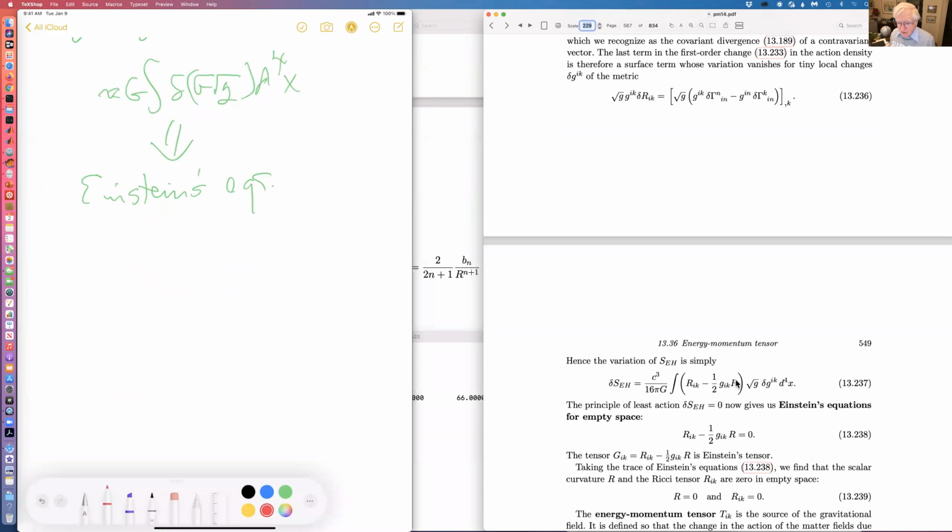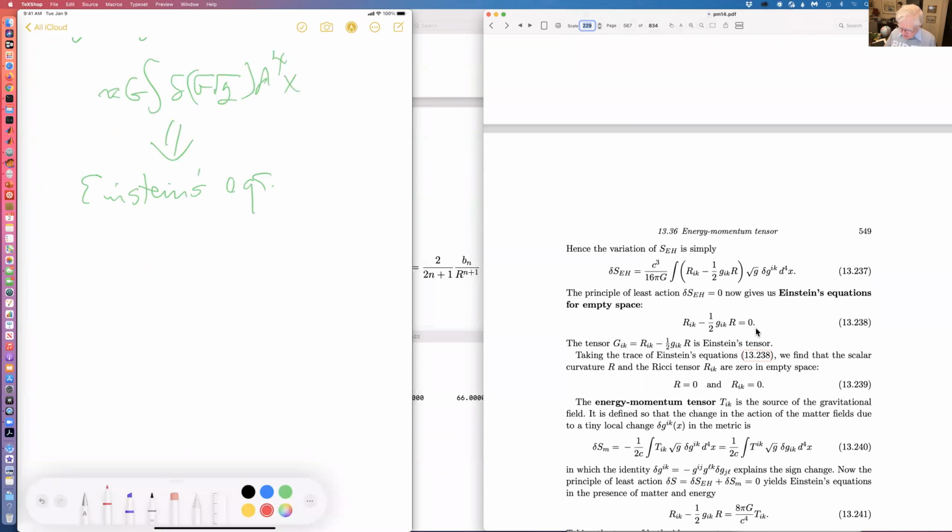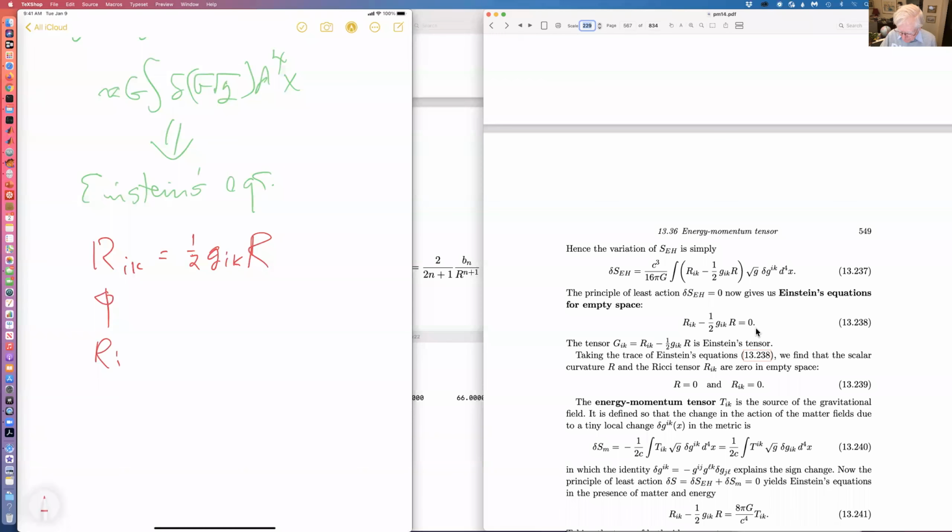Well, let's see. For empty space, they look like this. R_{ik} equals a half g_{ik} R, R being the scalar. This thing is called the Ricci tensor. So this is empty space. And in fact, it's empty space in the absence of dark energy, dark matter, and just purely empty space.